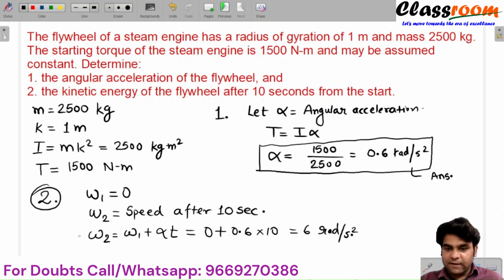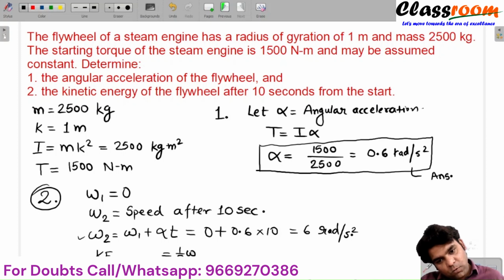In this way, I can determine the angular speed of the flywheel after 10 seconds, and the kinetic energy of the flywheel after 10 seconds is 1 by 2 I omega 2 square.